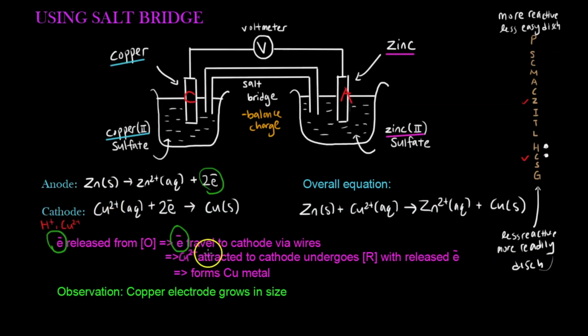So that's why Cu2+ attracted to the cathode will undergo selective reduction over H+ instead. With the released electron, the same electron that's being evolved from this anode, it forms copper metal here. The observation is that you will see that the copper electrode grows in size, because it just keeps adding on.